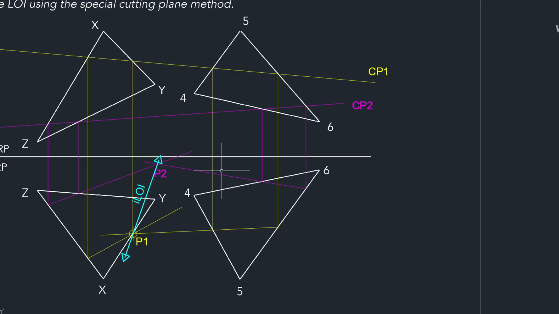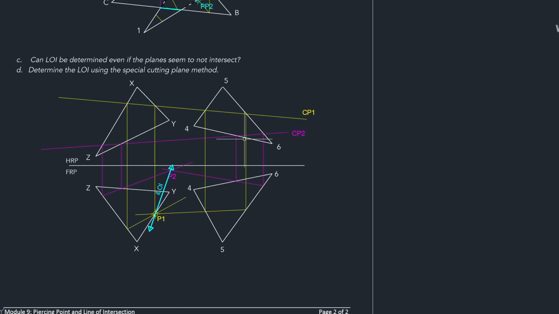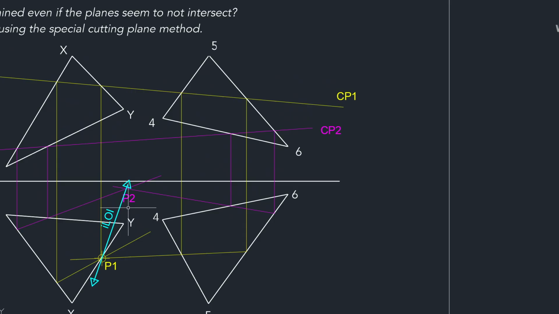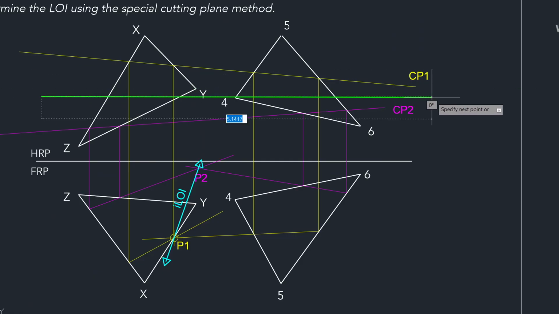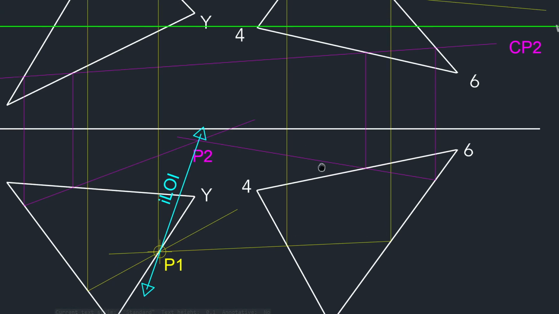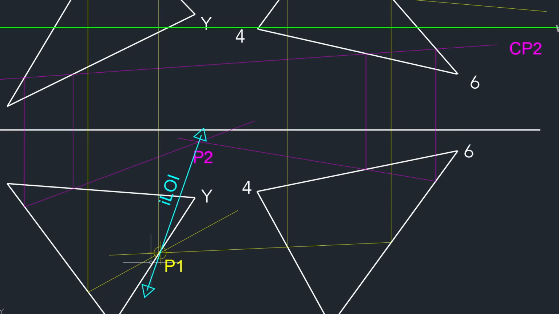Okay, so we did 2 points, pero in reality we could have easily done multiple points, kasi it only takes 2 points to create a line. So if I added a third cutting plane, let's label it CP3, and you did the same methodology, you would find P3 along this line, itong ILOI natin.